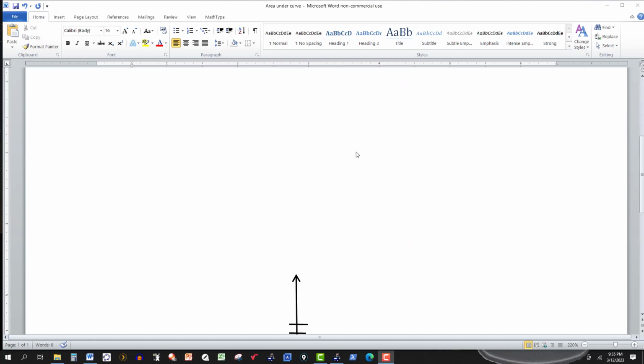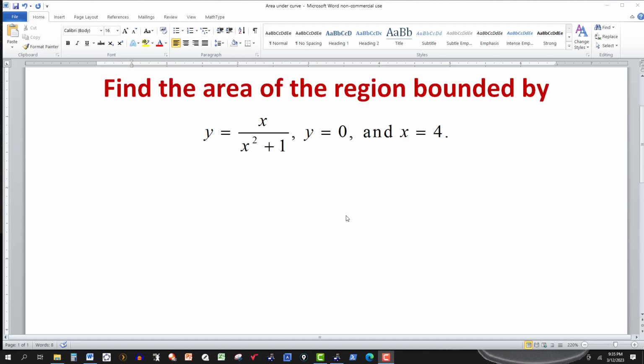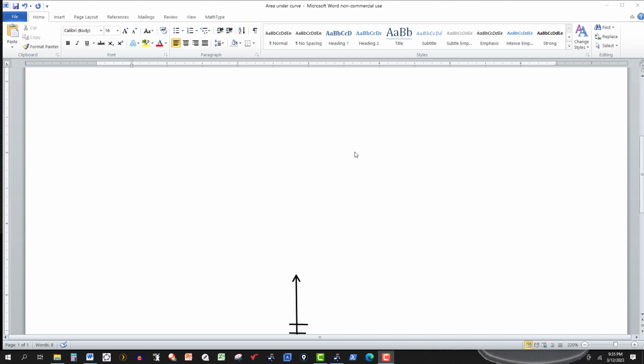So just from that, we know that at 1, the value of y is 1/2, so it goes up. And then as we go to the right, the value of y decreases. Because the degree of the numerator is less than the degree of the denominator, this has a horizontal asymptote, which is the x-axis, y equals 0.